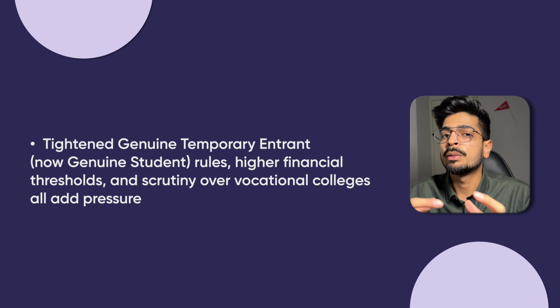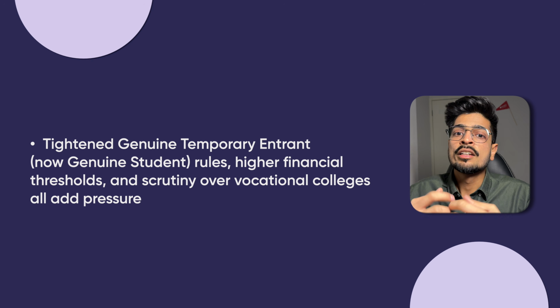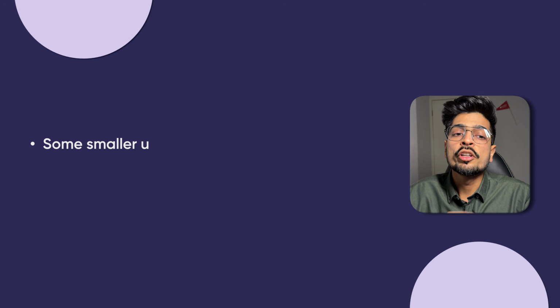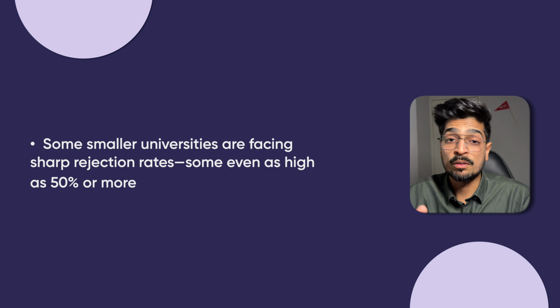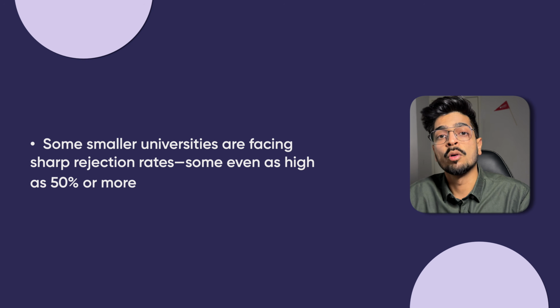These rules are pretty strict now, and higher financial thresholds are required. Scrutiny over vocational courses all adds to the pressure that's maintaining this rejection rate. So that's kind of bad news. Some smaller universities are facing sharp rejection rates, some even as high as 50% of the people who apply there, and there could be more as well.